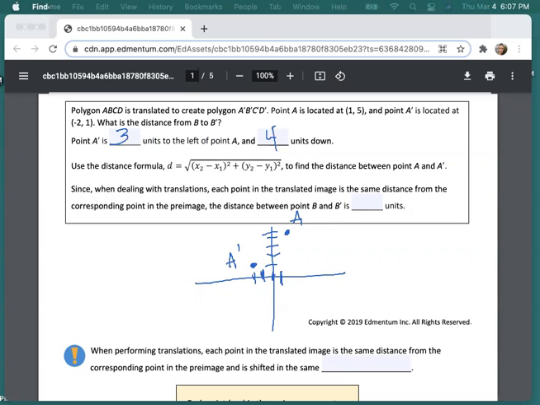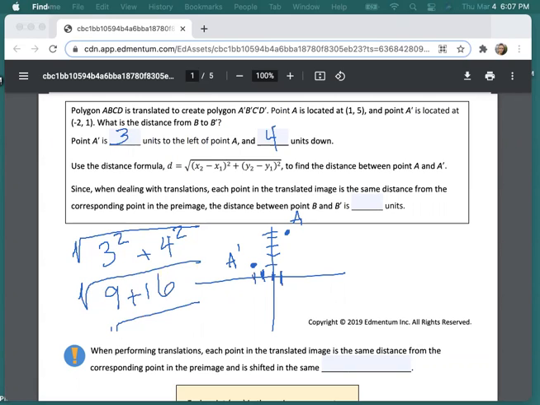So we can use the distance formula. Basically, it's going to be the square root of x2 minus x1, so that's what we just did, 3 squared, plus y2 minus y1, or 4 squared. So 3 squared is 9, 4 squared is 16, and 9 plus 16 is 25.